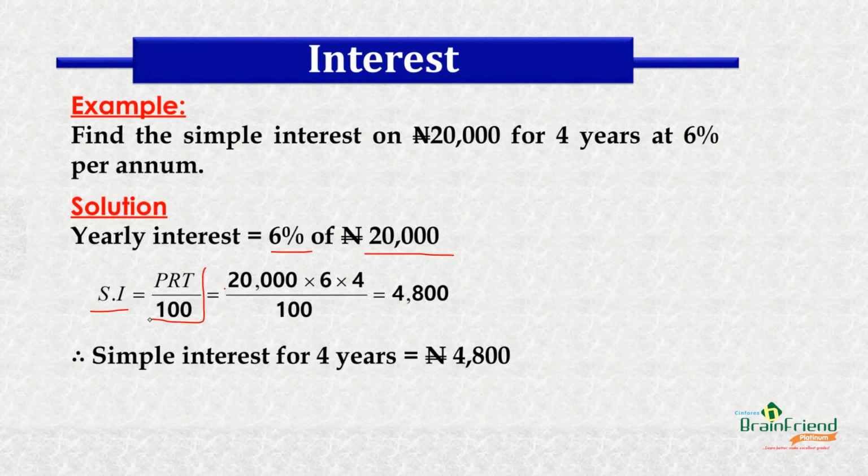Now we bring in our values. 20,000 is our principal, 6 is our percent, and then 4 is the time duration, all over 100. When we cancel this, we can say 2 multiplied by 6 multiplied by 4. That gives us 48. And then we bring our 2 zeros. That gives us 4,800. So the simple interest on 20,000 for 4 years at 6% per annum is 4,800 naira.